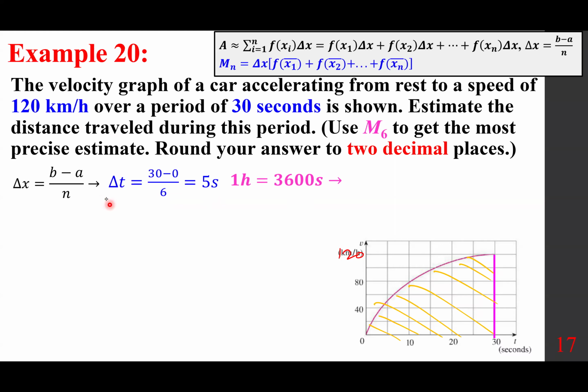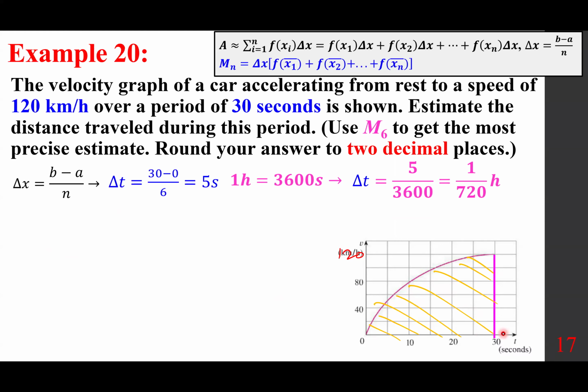So delta t is 5 seconds. If I divide it by 3,600, it's in hours. So 1 over 720, that would be the change of units.